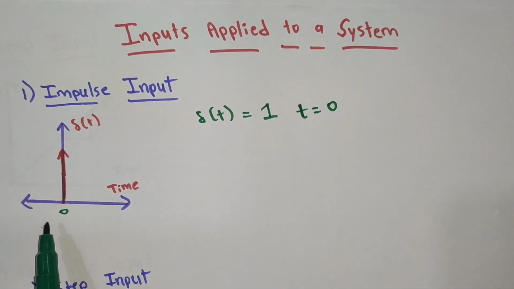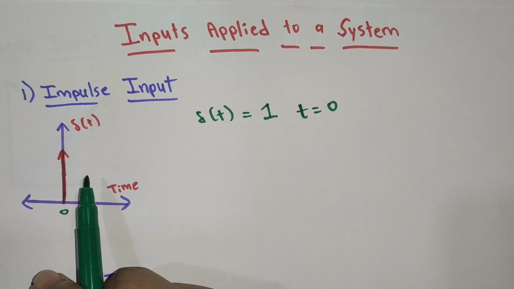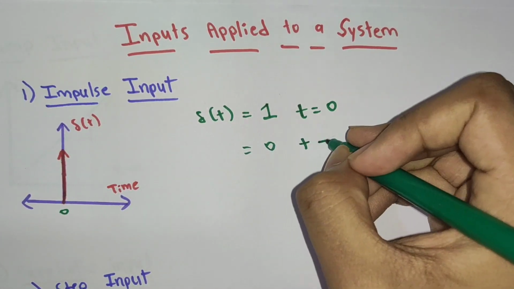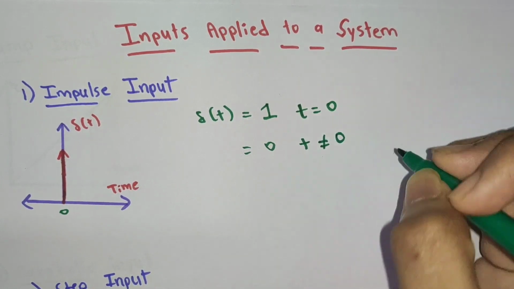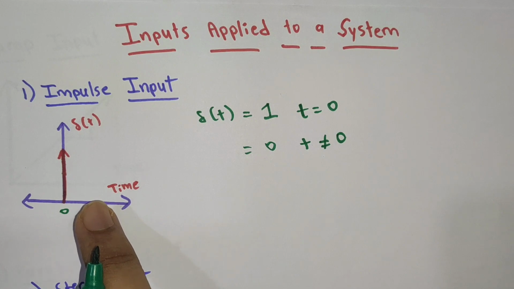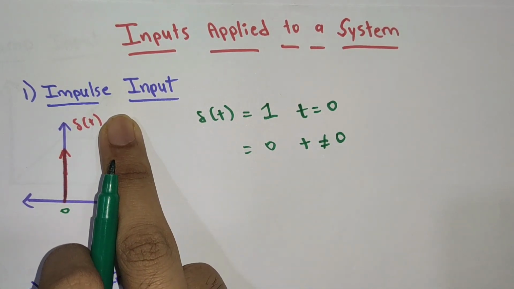Only when t is equal to 0 will delta t be equal to 1, else it will be 0 for t not equal to 0. That means for any other value of t, the impulse input value will be 0. So this was the impulse input.